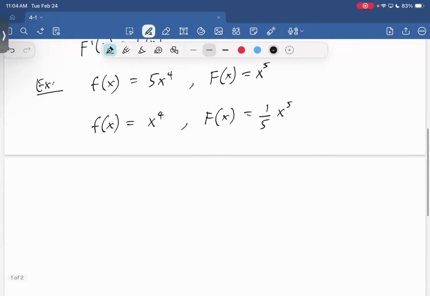Right? Do we agree with that? Because if we took the derivative of 1/5 x to the fifth, we would get 1/5 times 5 times x to the fourth, which is x to the fourth. So antiderivatives is really about rewiring our brain so that we're thinking backwards and we can do these derivatives in reverse.